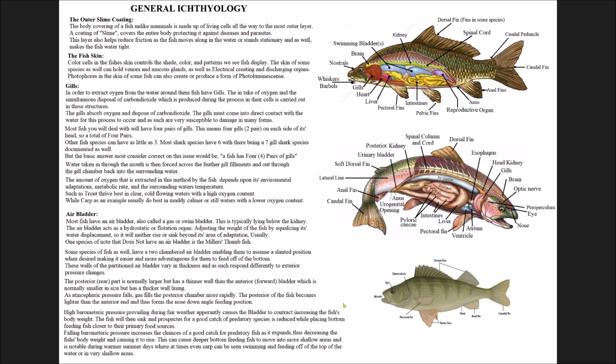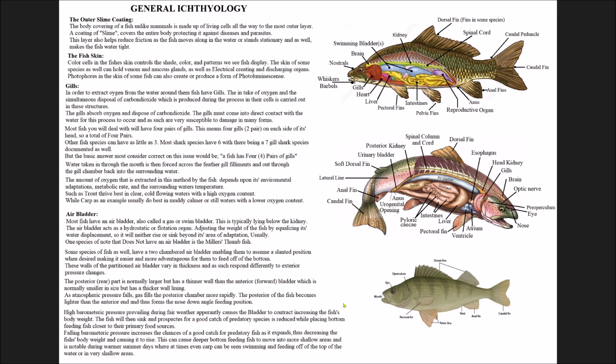The walls of the partitioned air bladder vary in thickness, and as such respond differently to exterior pressure changes. The posterior or rear part is normally larger, but has a thinner wall than the anterior forward bladder, which is normally smaller in size but has a thicker wall lining.